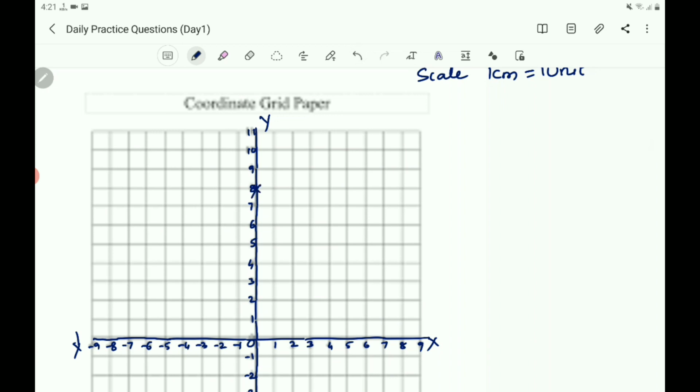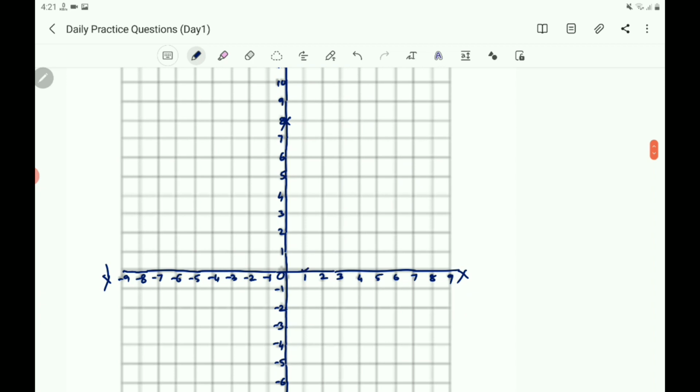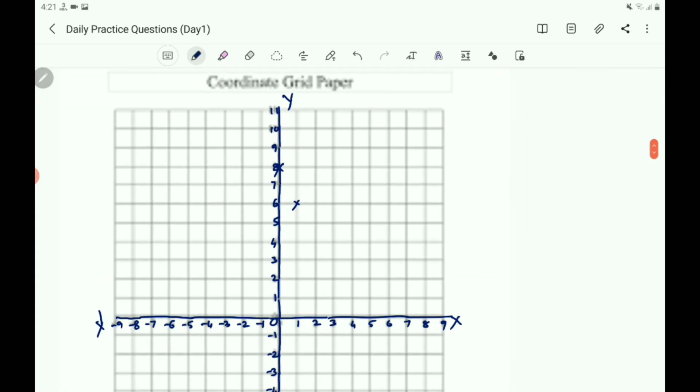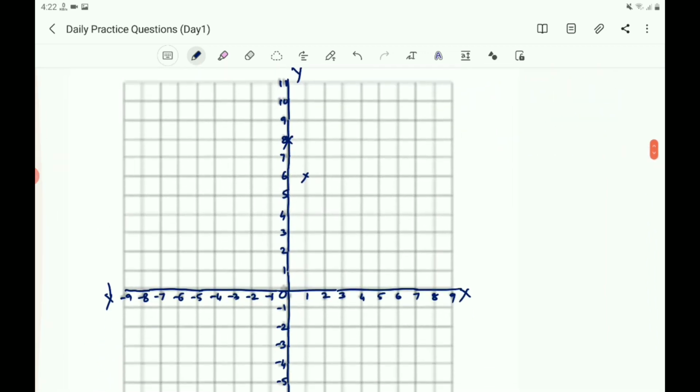So mark the value. Next 1, 6: 1 is here, go straight to 6, 6 comes here. Then 2, 4: 2, 4 it is, so go straight to 4. And now let us join the 3 points.